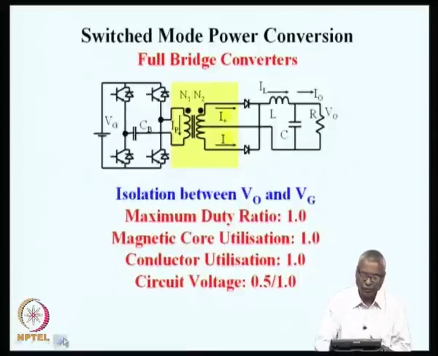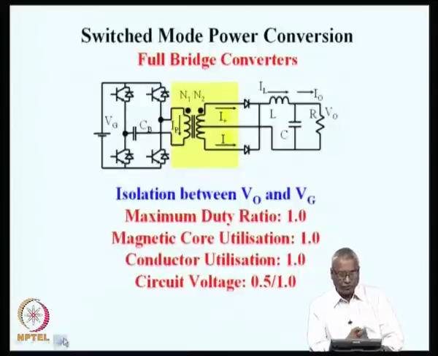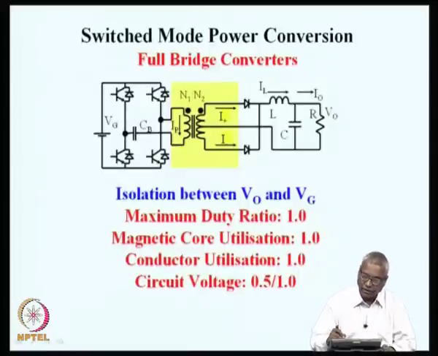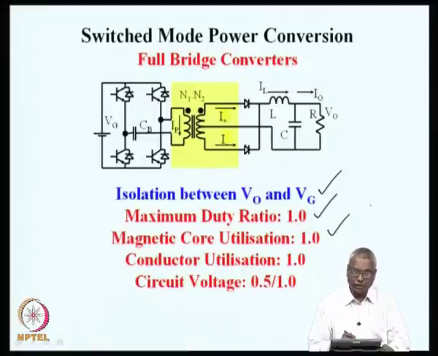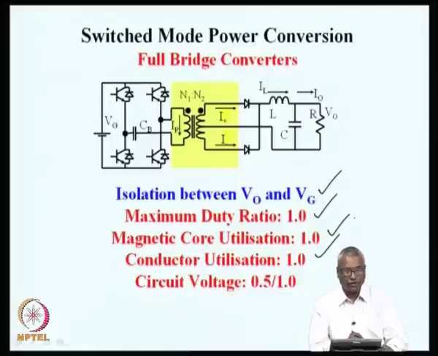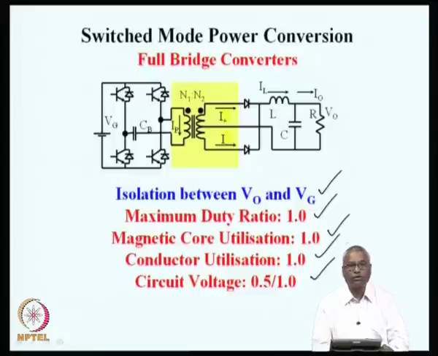Okay. So, now if you see this half bridge or full bridge converter, we can see that isolation has been achieved, duty ratio is 1, the core is fully utilized, and the conductor is also fully utilized, because on the primary, current is flowing both in the positive half and the negative half. Circuit voltage is also 1 in the full bridge and half in the half bridge.